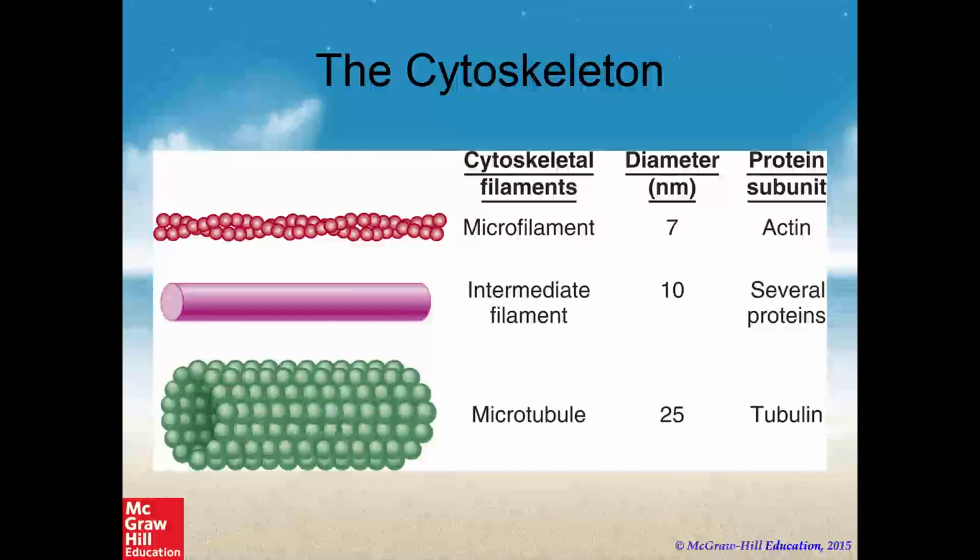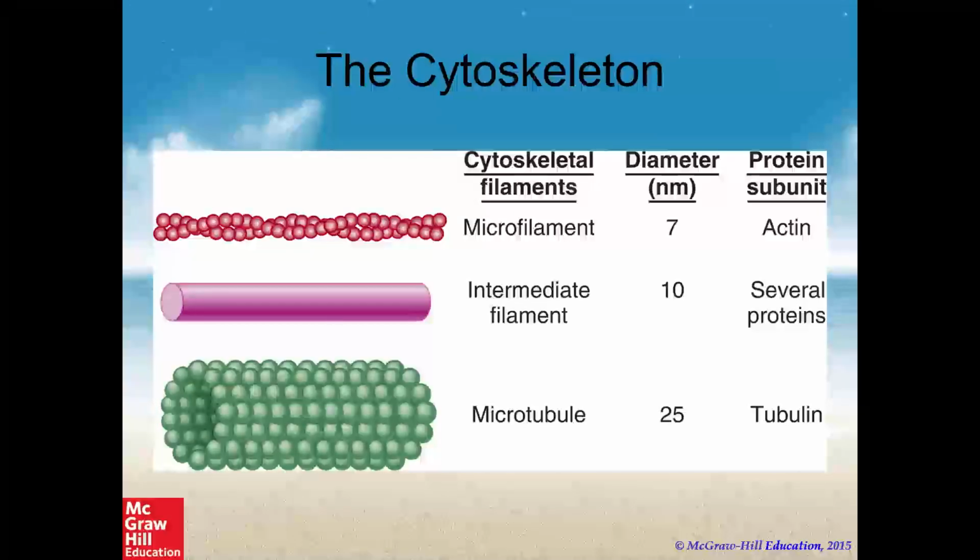A white blood cell is amorphous. It doesn't have any particular shape. Its cytoskeleton is constantly changing. There is no set arrangement. So the cytoskeleton gives the cell its structural integrity, and it determines the shape of the cell. It also provides a nice network inside the cell to transport things around.